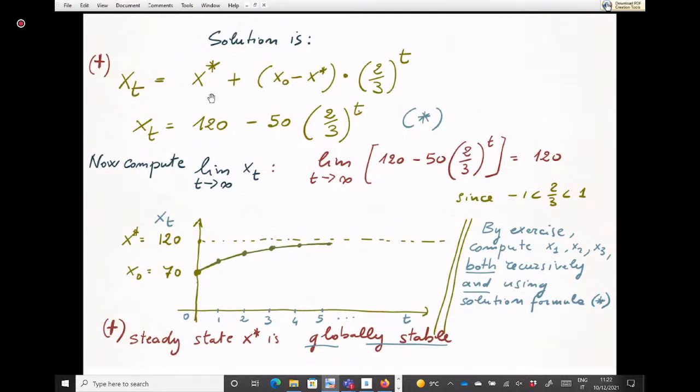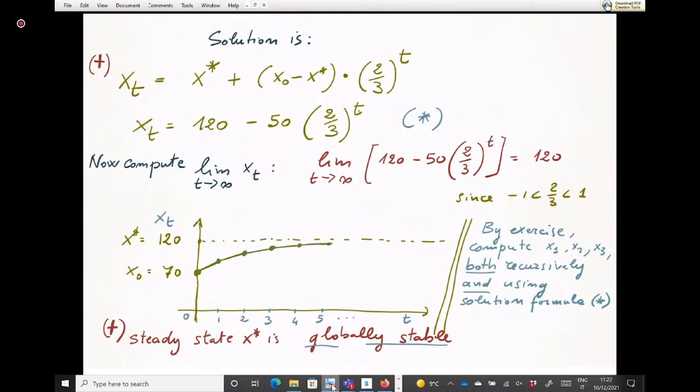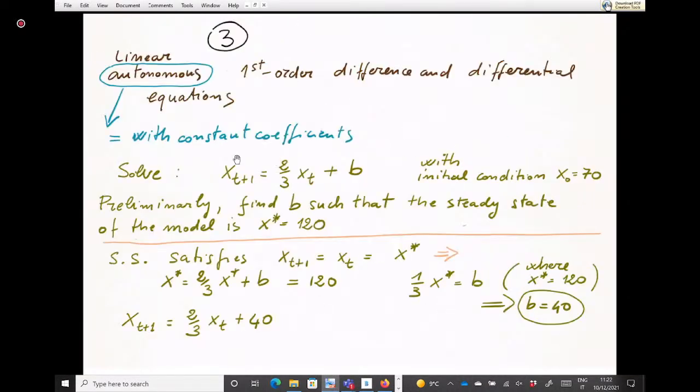Also here, if you don't remember the solution formula, remember that also for difference equations we have a principle that governs the solution to non-autonomous, non-homogeneous difference equations.